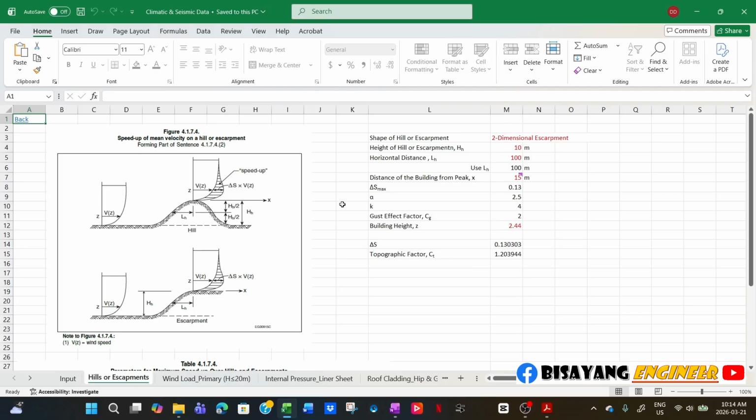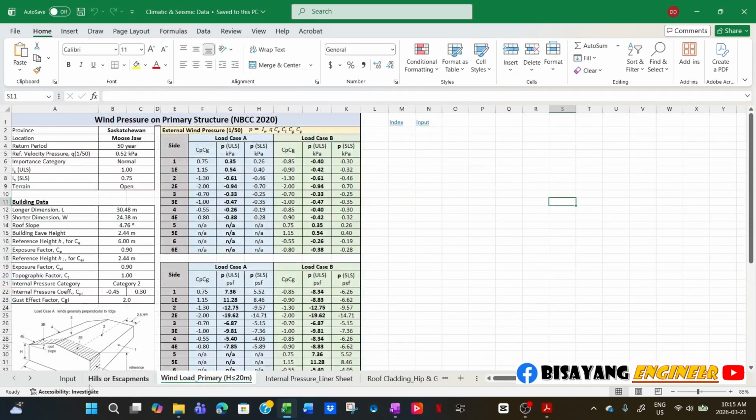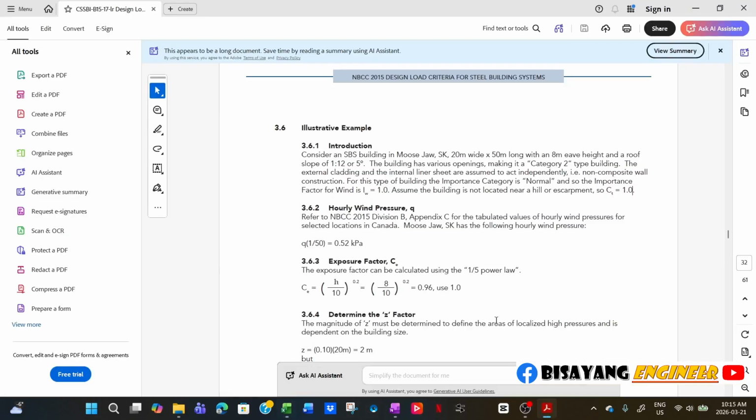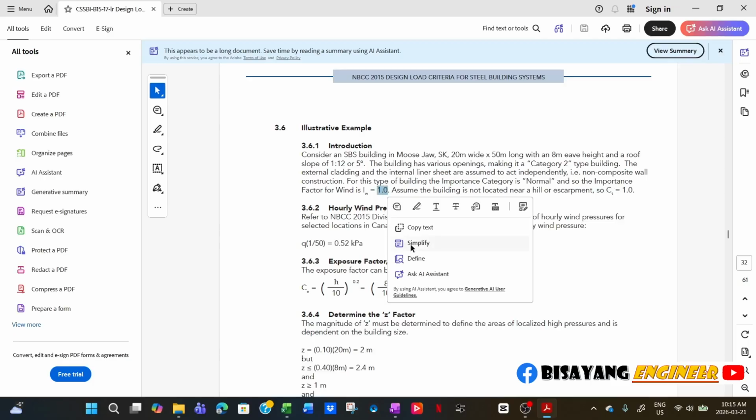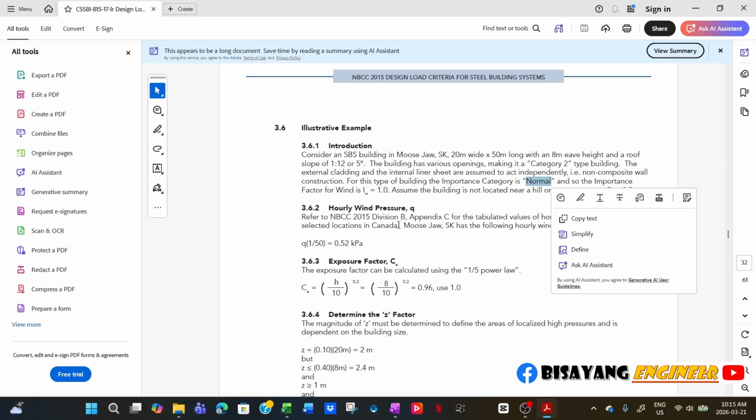Now, this is just a sample building, but if it's not located on a hill or escarpment, then your Ct would be 1. That's the minimum, and then the importance factor for wind for this building is normal importance, so that's 1.